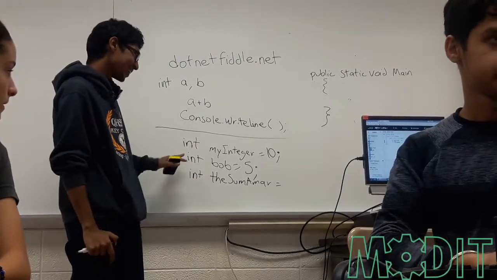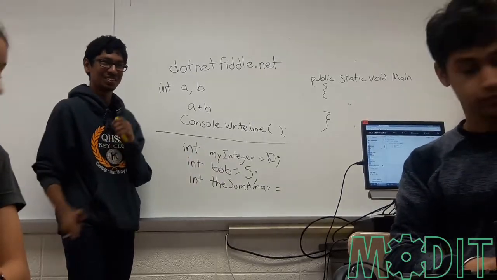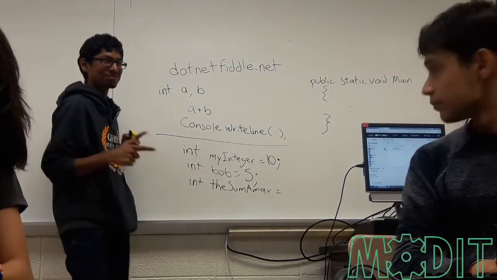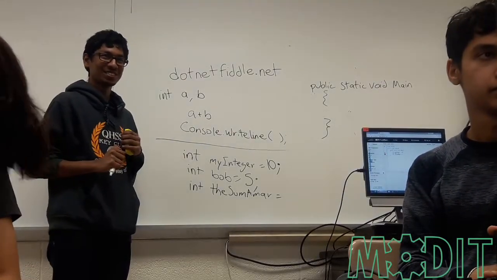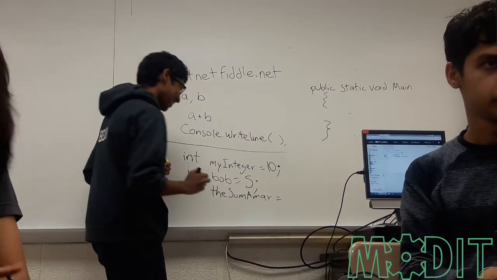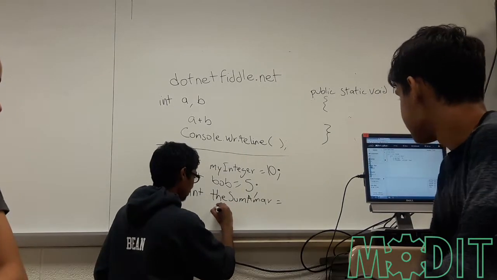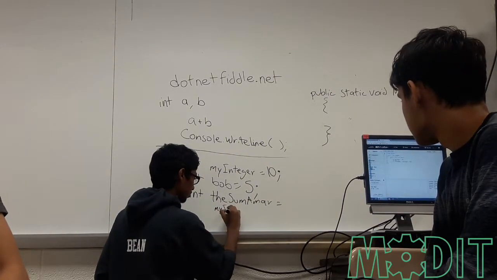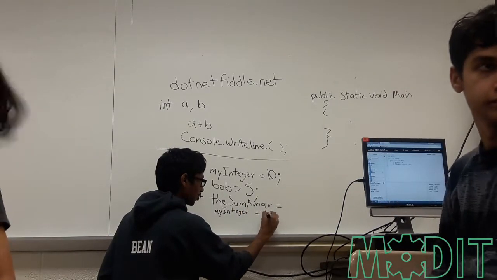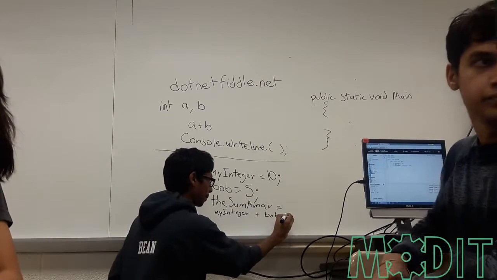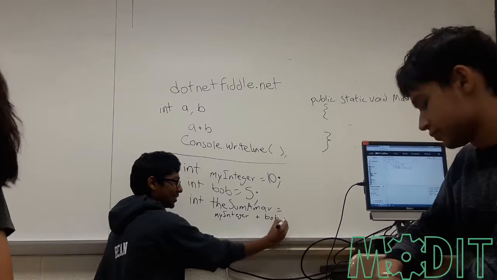So how do I do the sum of my integer and Bob? I'll write it down here because there's the computer there. And then how do I end the line? Semicolon.